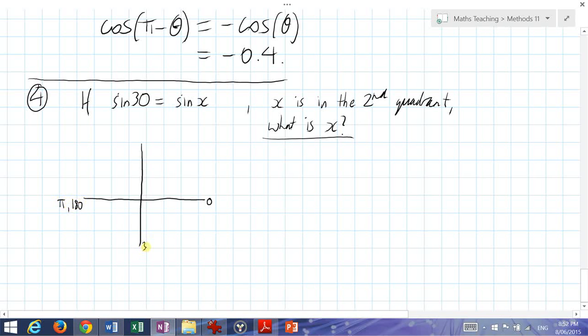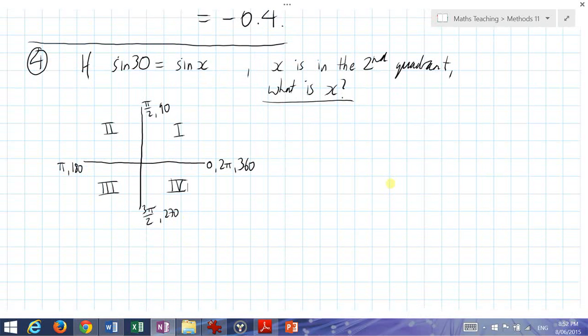Over here is 3 pi on 2 radians, or we could say 270 degrees, and over here is pi on 2 radians, or we could say 90 degrees. 0 is also 2 pi radians. When you get around here, it's also 360 degrees. The quadrants are, that's the first quadrant, that's the second quadrant, that's the third quadrant, that's the fourth quadrant.